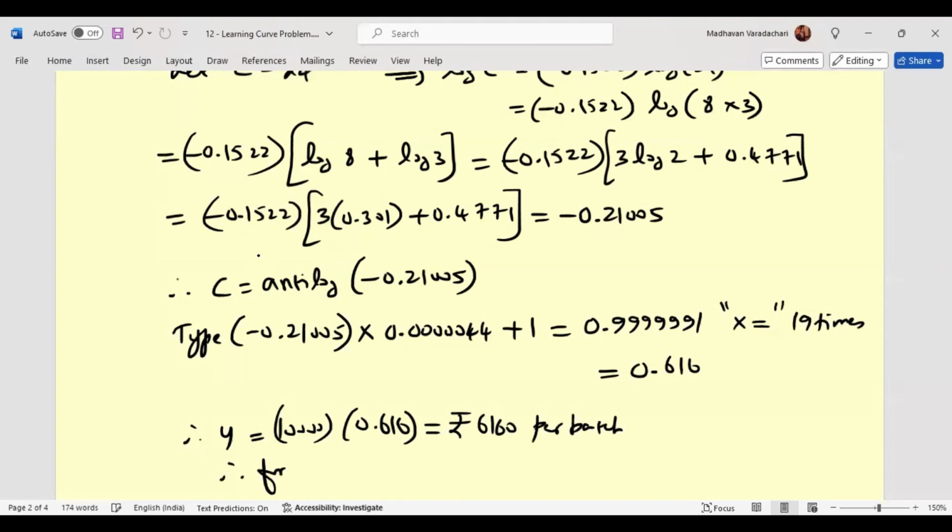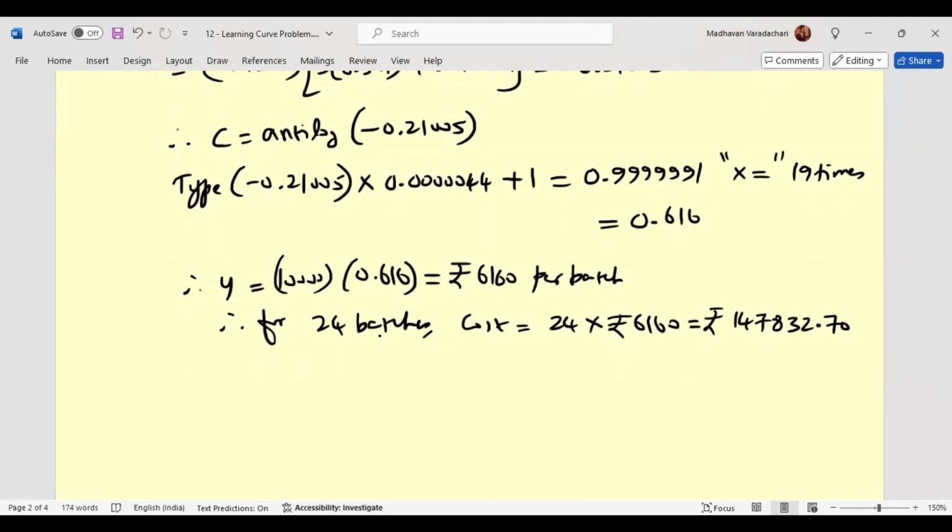Therefore, for 24 batches, the cost will be 24 multiplied by rupees 6160. We will get rupees 147,832.70.